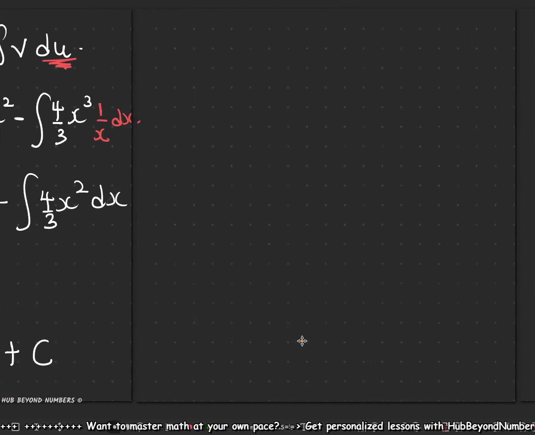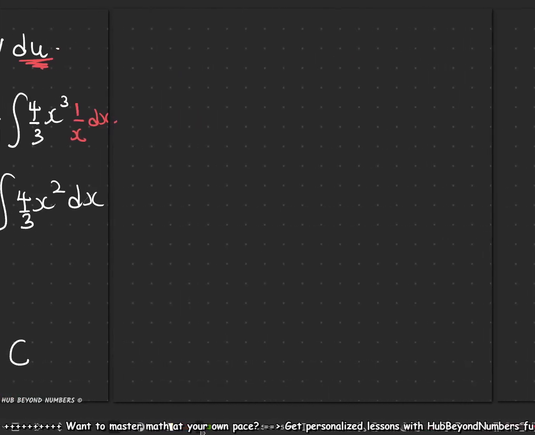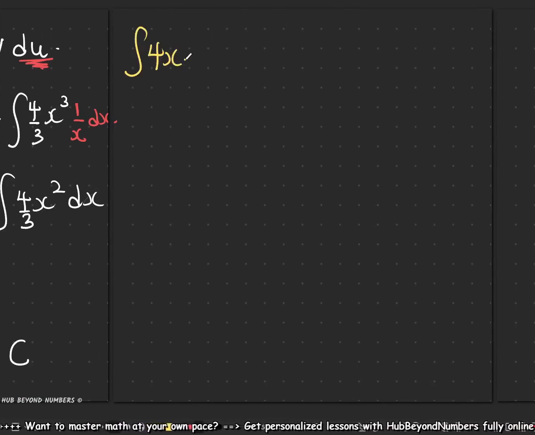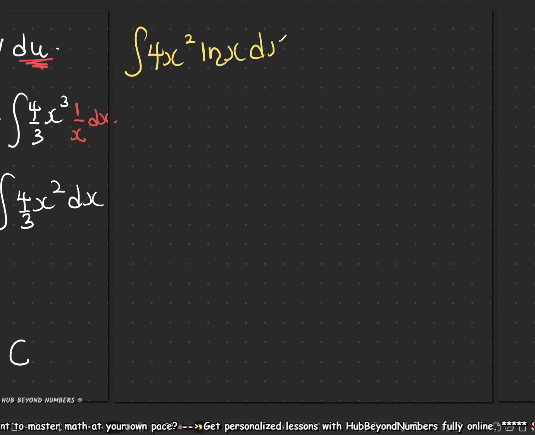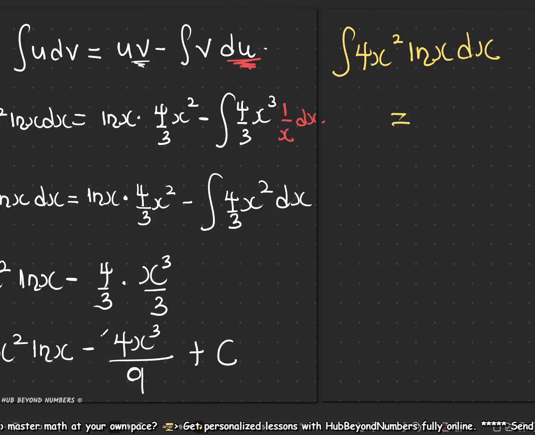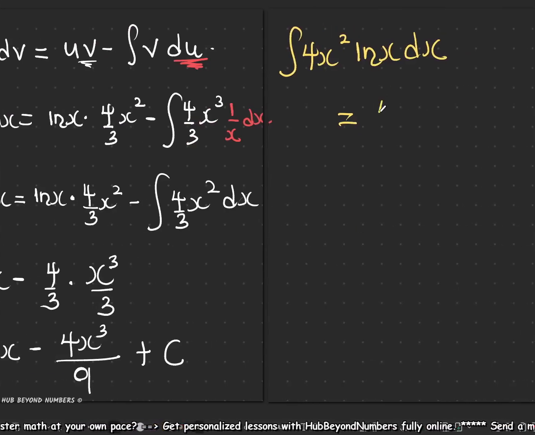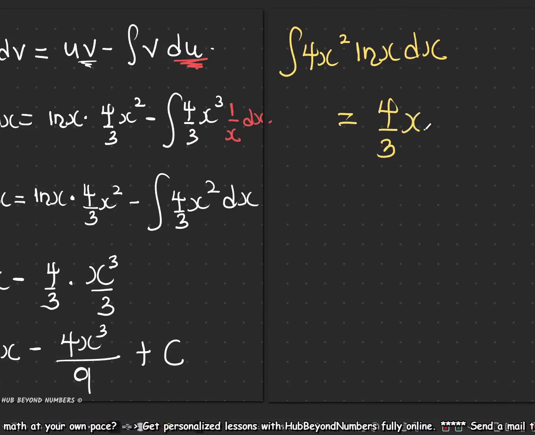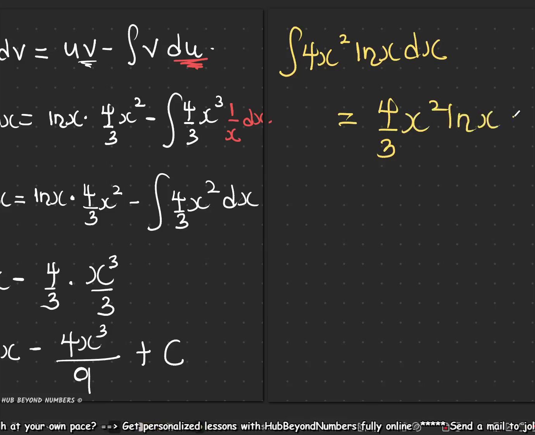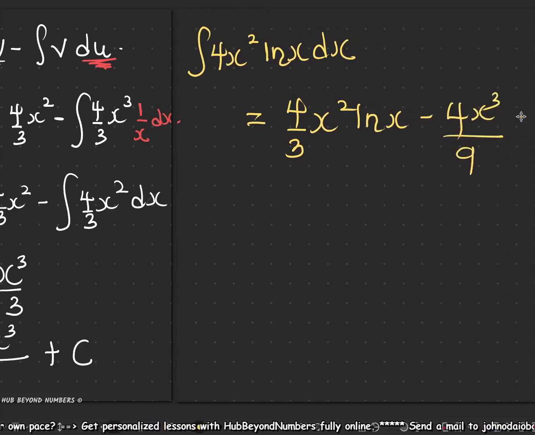So what all this means is that the integral of 4x squared ln x dx is actually equal to 4 over 3 x cubed ln x minus 4x cubed all over 9, then plus c.